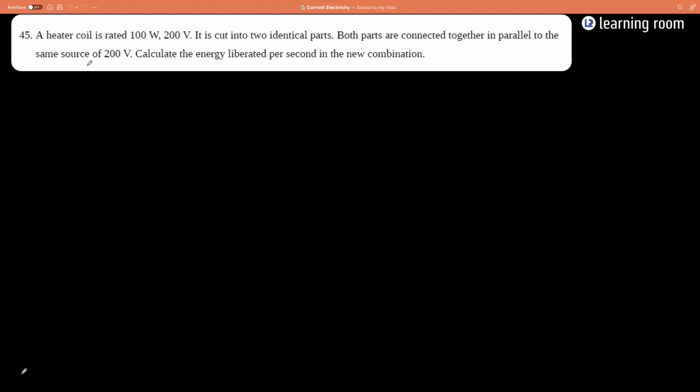A heater coil is rated 100 watt and 220 volt. It is cut into two identical parts. Both parts are connected together in parallel to the same source of 200 volt.